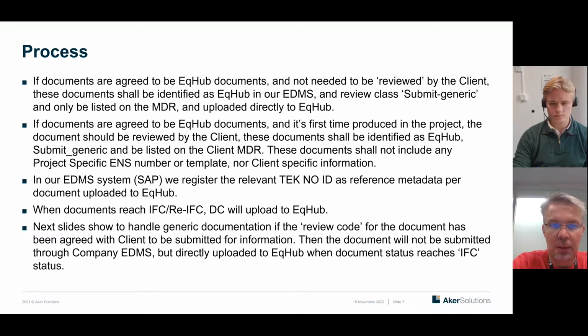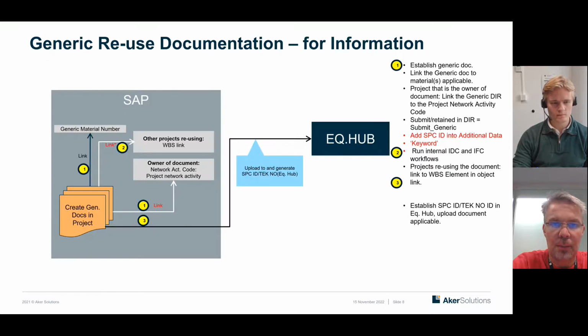Yes, if we go to the next slide, you will see that this is a typical example of generic documents which is already approved. So what we do in our system is that the relevant documents for that generic material number or part number, if you like, exists.